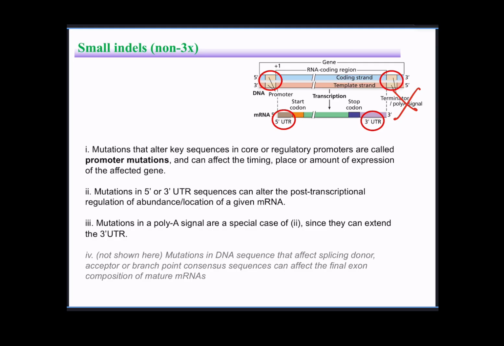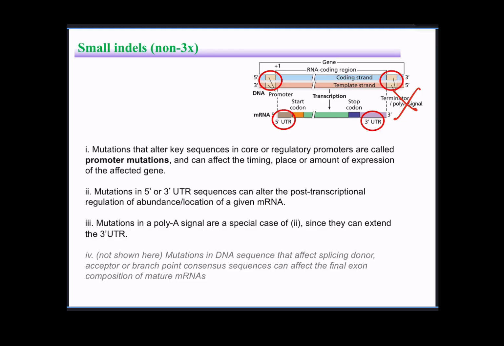But should any mutations occur in those splicing donor or acceptor sites, those will affect directly the way that a pre-mRNA is being spliced and how exons are stitched together, and that could affect the final composition of the mRNA.